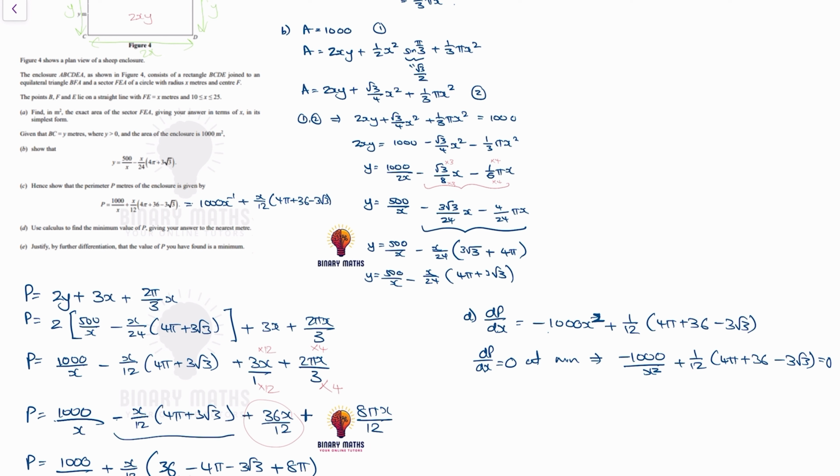So that means I've got 1 over 12 times 4 pi plus 36 minus 3 root 3 is equal to 1000 over x squared.